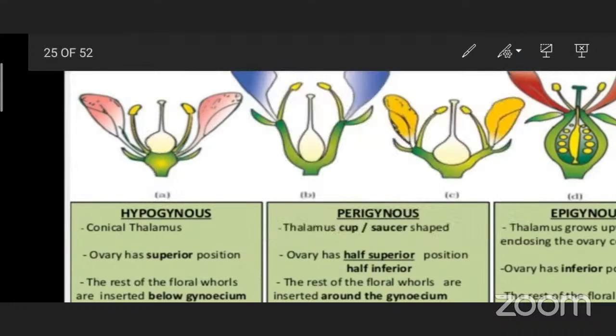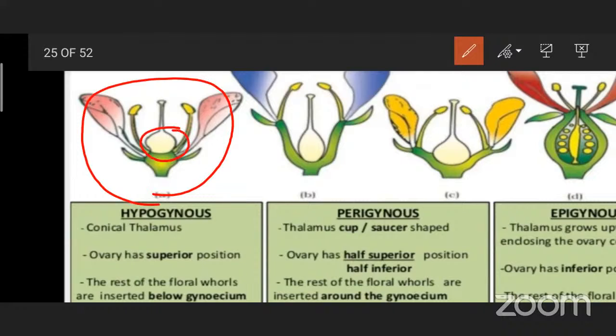See here, this is the gynoecium, this is the thalamus. The gynoecium is arranged on the thalamus. This thalamus has a conical shape. In the hypogynous flower, the gynoecium occupies the highest position, while the other parts are situated below it.